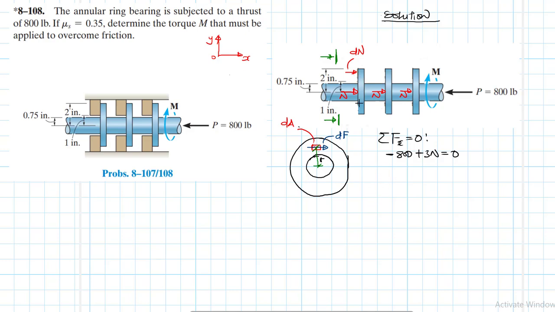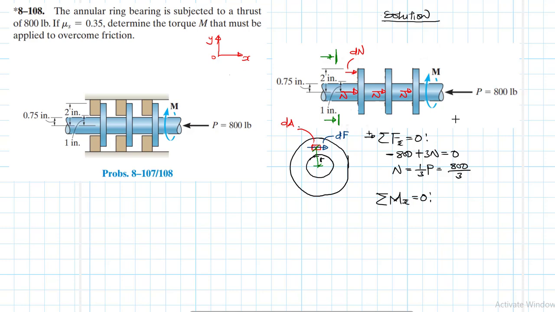On each particular ring we are going to experience friction, but the N itself is equal to 1/3 of P, which is equal to 800 divided by 3. And then the other equation of equilibrium, we'll call it summation of moments about the x-axis.